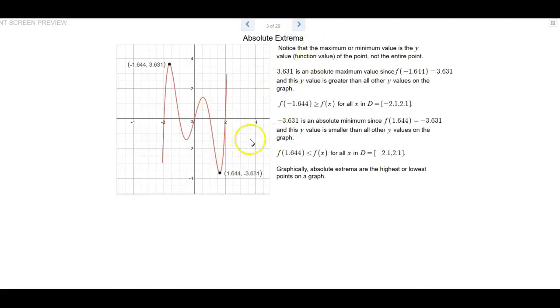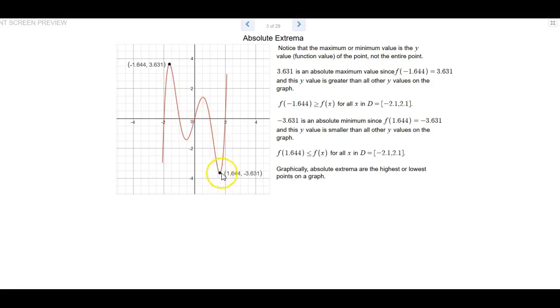So here's an example, and I've added the points to it. The domain is this closed interval minus 2.1 to 2.1. And this is a polynomial function that I've restricted to this domain. You can see that this function value of 3.631 is an absolute maximum, and it occurs at x equals minus 1.644.